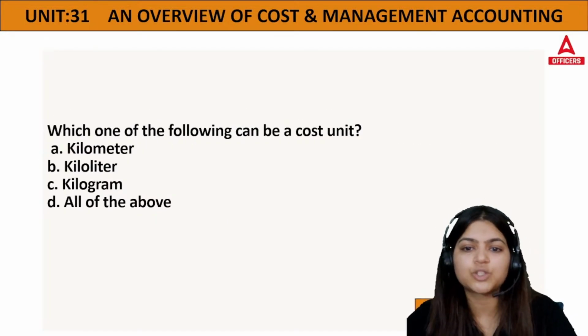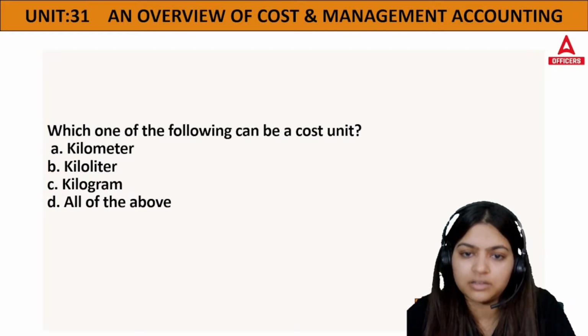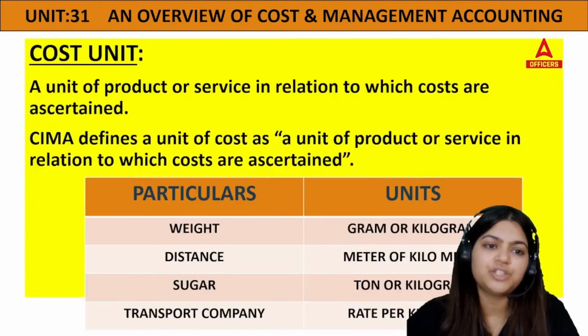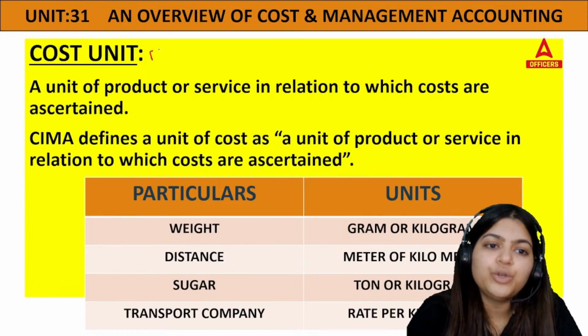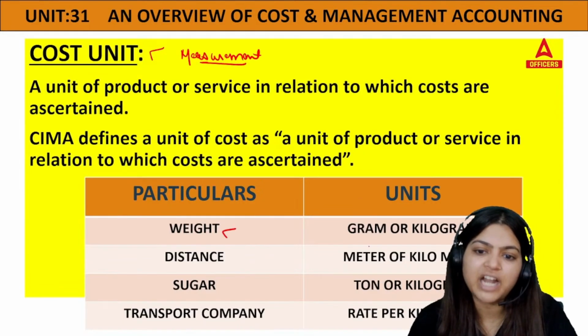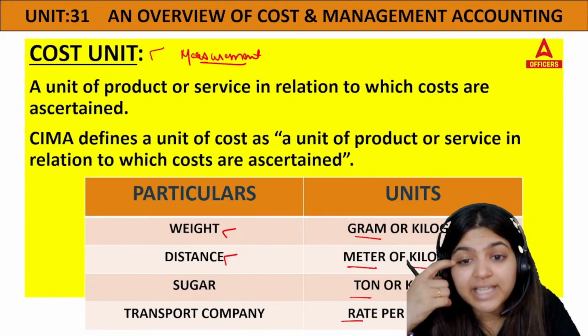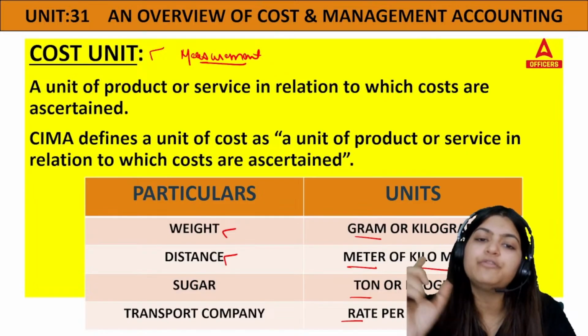Now, coming to the next question, everyone tell me, which one of the following can be a cost unit? Cost unit means what? Let's revise it. Cost unit is your measurement unit. Like for weights we have gram, kilogram; for distance we have meter, kilometer; ton, kilogram, rate per kilometer. Similarly, when you are doing costing, you have cost units.